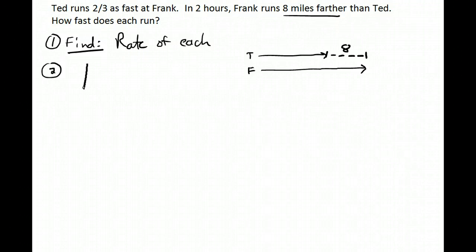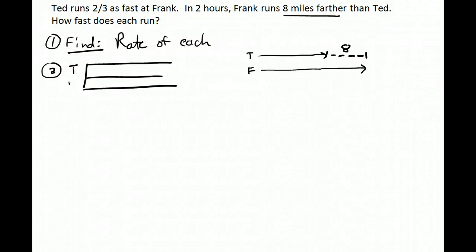Let's come over here and make our table. I've got Ted and I've got Frank. Rate times time equals distance. Alright, Ted runs 2/3 as fast as Frank.